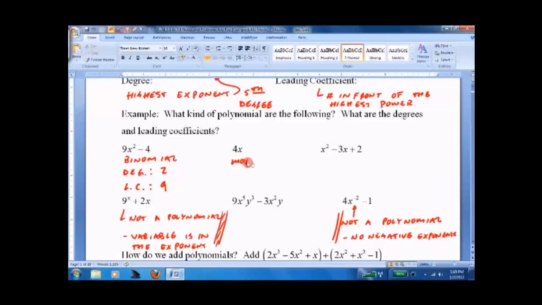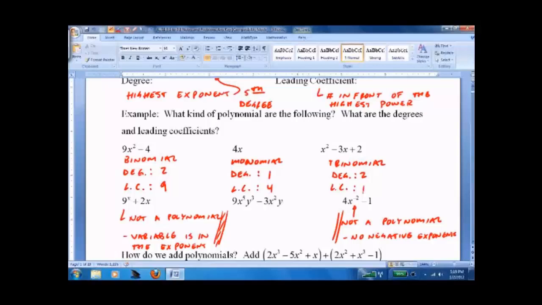This is a monomial. It has a degree of 1, which is hidden, and a leading coefficient of 4. This is a trinomial, and it has a degree of 2 and a leading coefficient of 1.